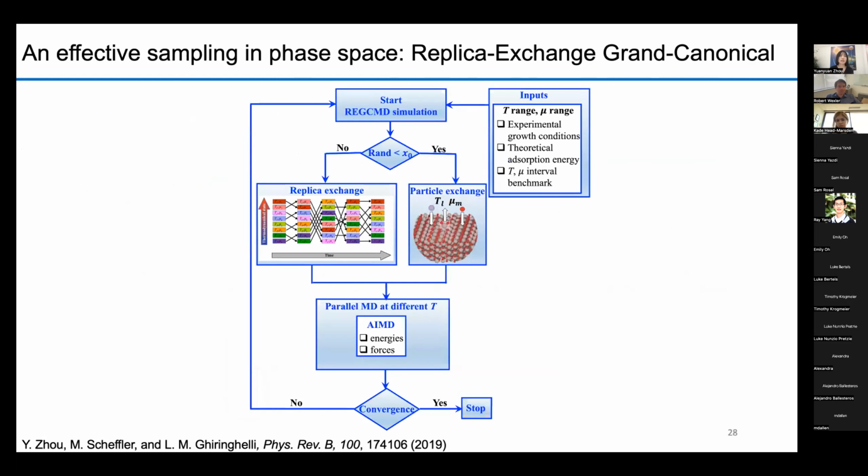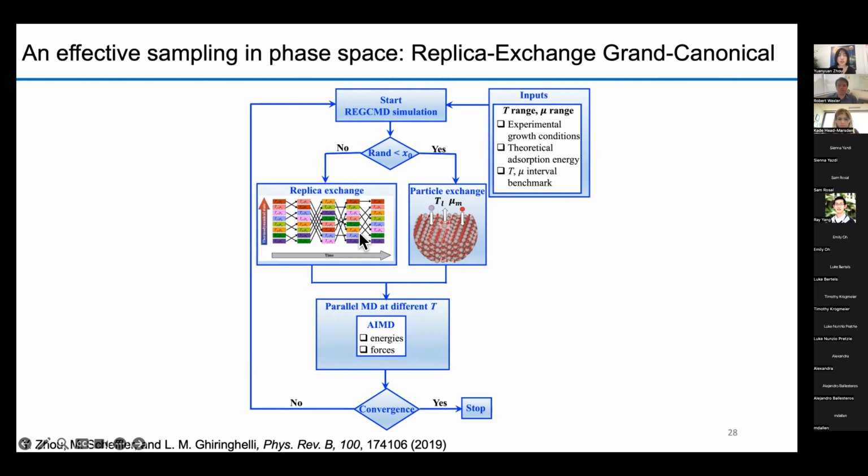This is a flowchart of our replica exchange grand-canonical method. The required inputs are the initial configurations, the temperature range, and the chemical potential range. And these inputs can be determined related to your experimental conditions and the theoretical benchmarks. During the simulations, all the replicas have X0 probability to try to exchange particles with their own reservoir, and 1 minus X0 to try to swap the thermodynamic state with their neighbors.